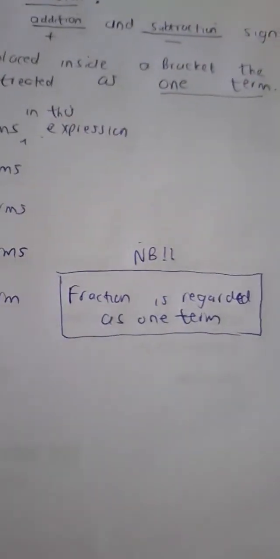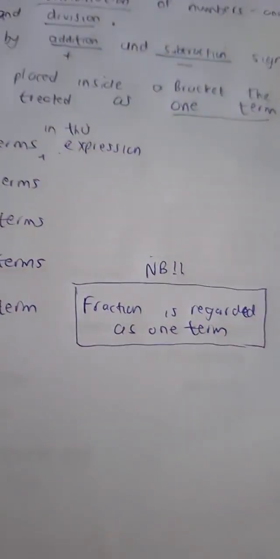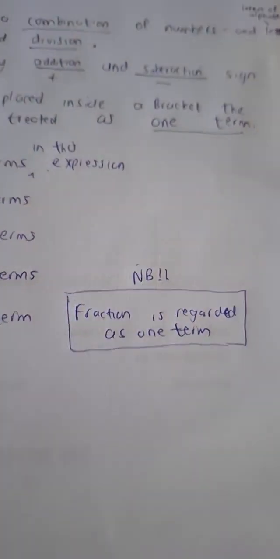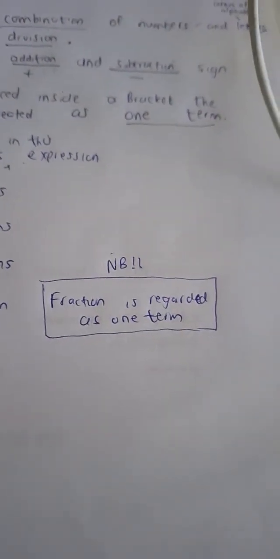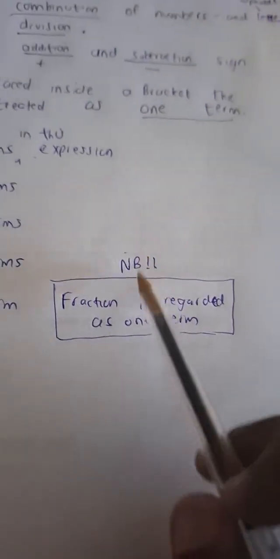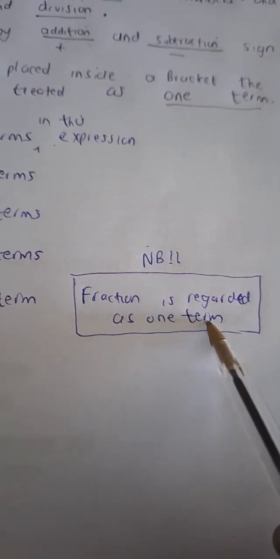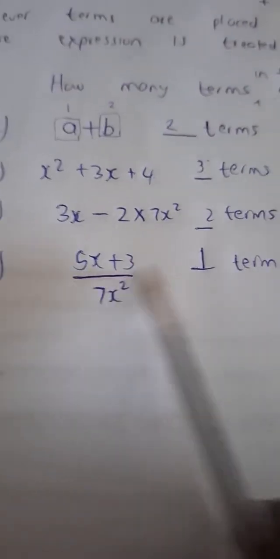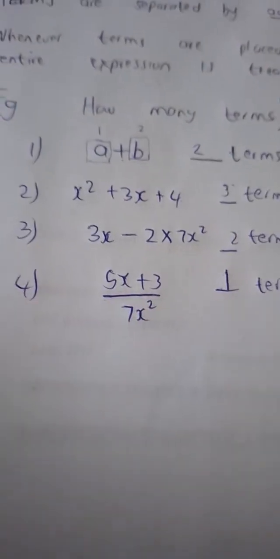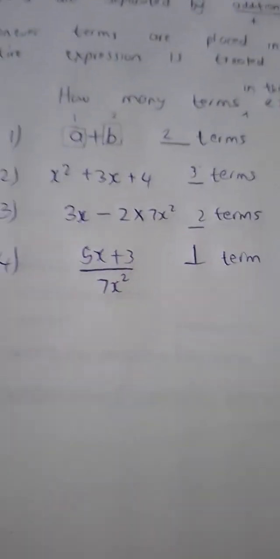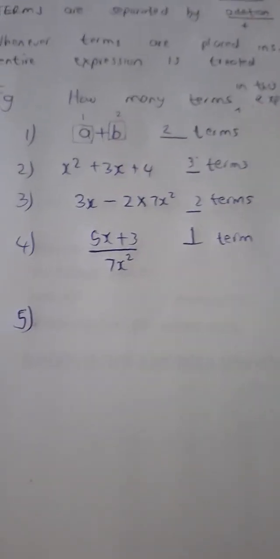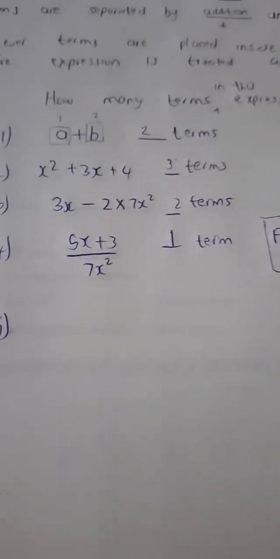Whether in the numerator you have 7 or 12 terms, and in the denominator you have 5 or 8, at the end of the day, the entire fraction is regarded as one term. So, lesson for you, for those people that said 3, 4, 5. Hey guys, if you understand these basics, you will kill maths.